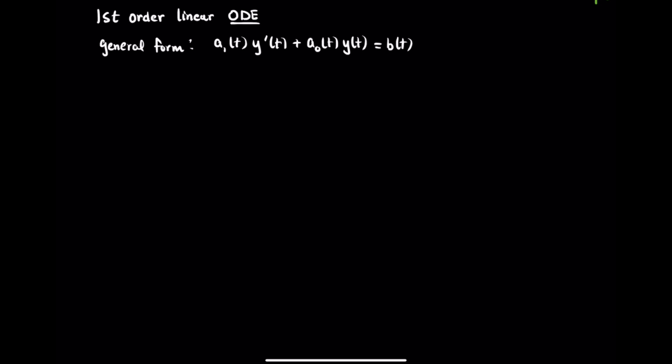Note that a1(t) could be 0 at some points, but cannot be the zero function. It cannot be the trivial case.